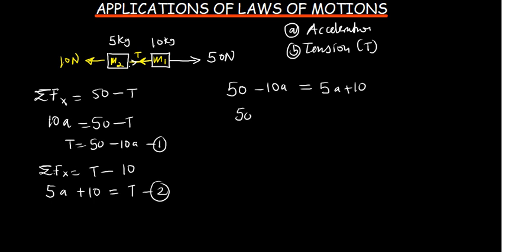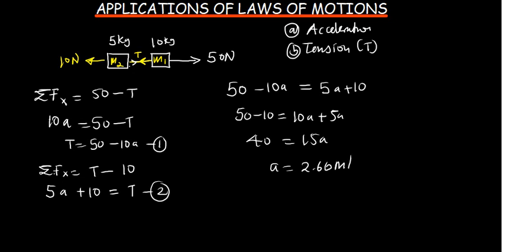That will be equal to, if the 10a goes the other side, becomes positive 10a, and then plus 5a. 50 minus 10, 40. That will be equal to 10a plus 5a, which is 15a. So divide both sides by 15. So 40 divided by 15. The acceleration is going to be about 2.66 meters per second squared.